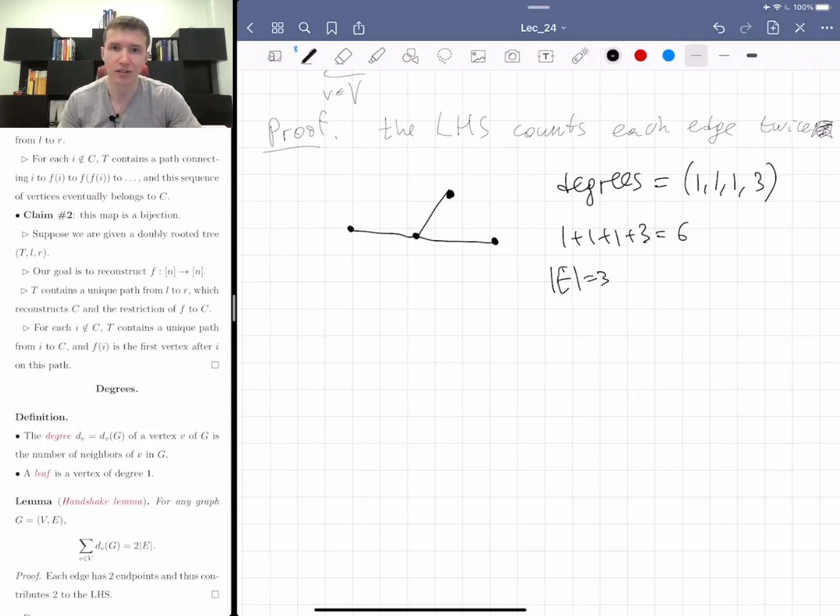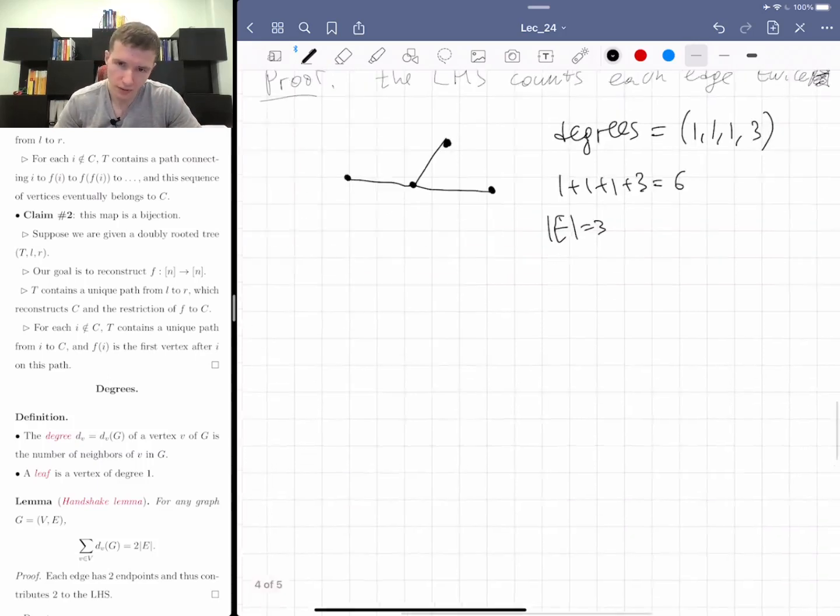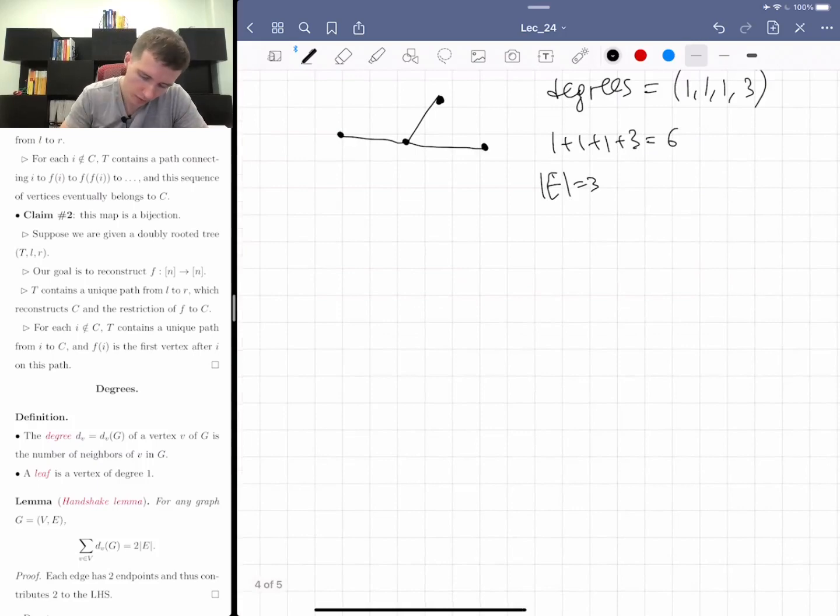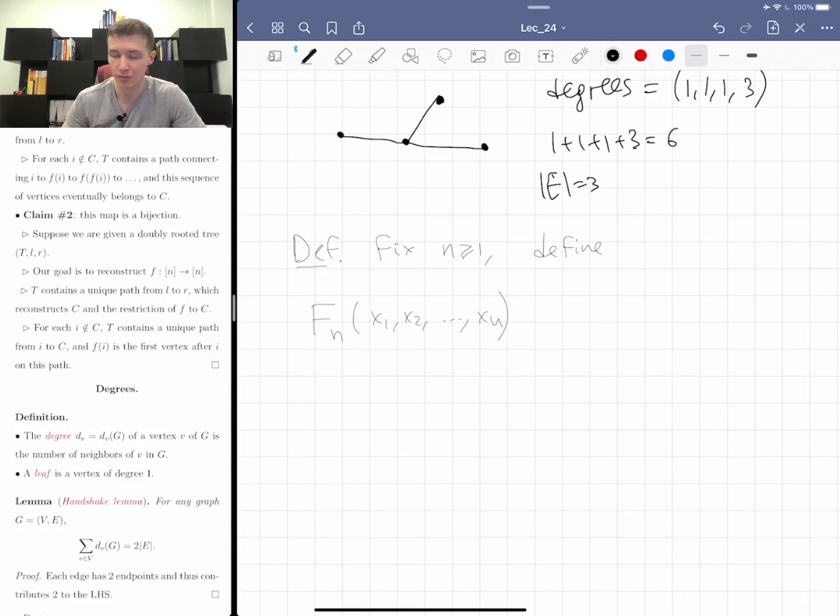Here's the interesting part. Let me introduce the following function. Let me fix n, some integer, and then define a polynomial, f sub n of x1, x2, all the way up to xn. It's a polynomial in n variables.